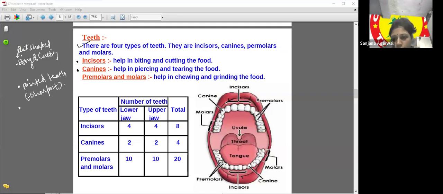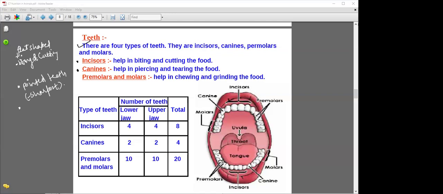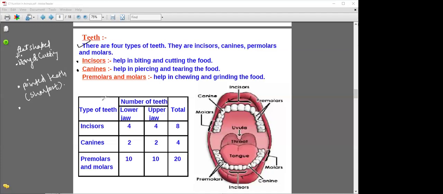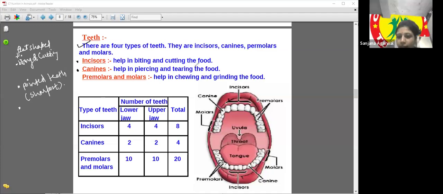How many canines are present? Two pairs, totally four. And next, they help in piercing and tearing of food, or you can just write tearing of food.